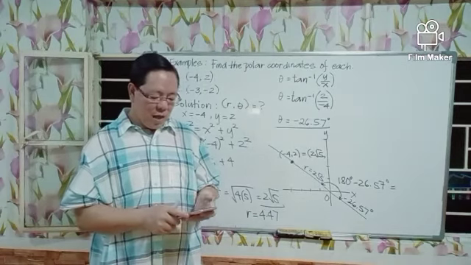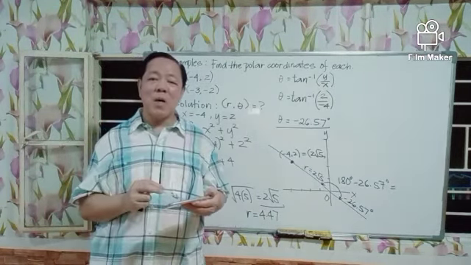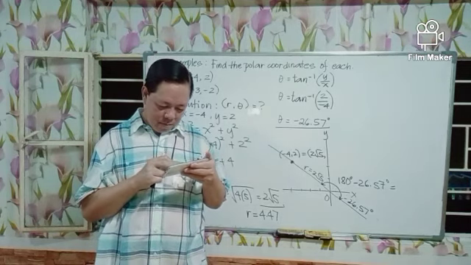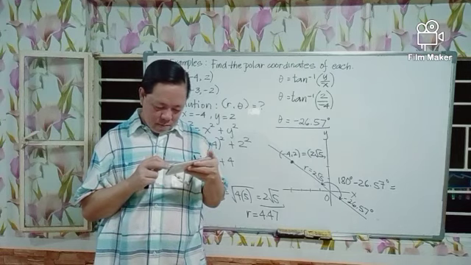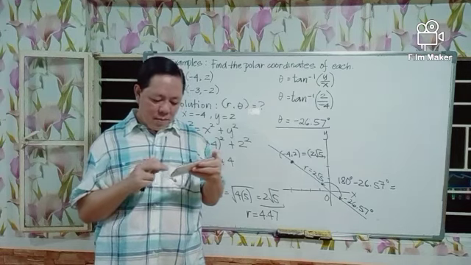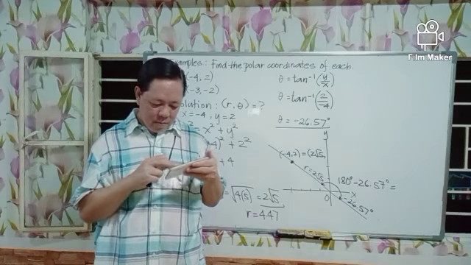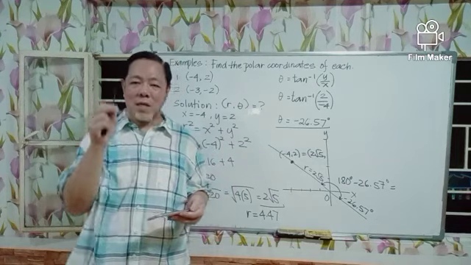So we subtract 26.57 from 180, and you should get 153.43 degrees.